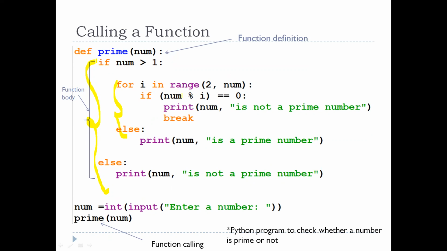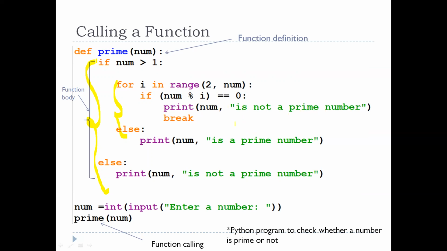We divide the number by all the numbers in this range. If the number is divisible by any number in the range, this statement will print that the given number is not a prime number, as it is divisible by some number except 1 and itself.